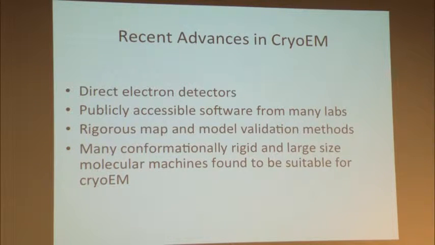Of course, there are more sophisticated electronics behind each pixel that allow you to have really high detected quantum efficiency at all frequencies when you record the images. And the second attribute to this success is the available software from many labs. We develop a lot of software. We just let people use it. I just discovered people use our software to compete with me, but that's the way it works.